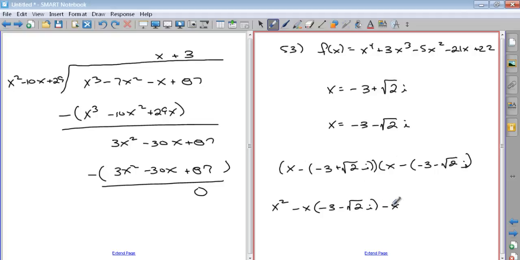So it'll be -x times -3 plus the square root of 2i. So that's the outer, that's the inner, and then you have the product of these two. They're both negative, so that'll end up being positive. And then you multiply these two out.